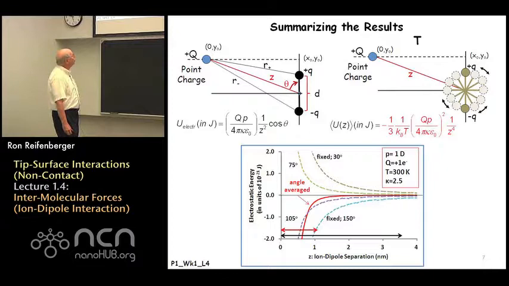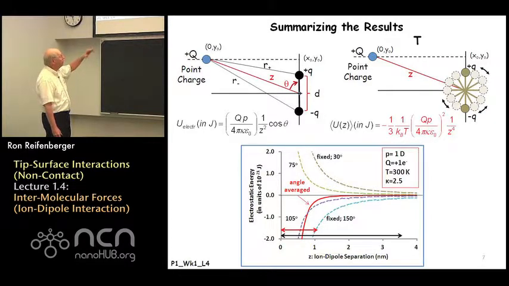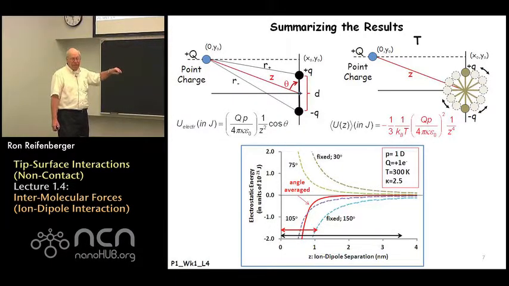And what you can see is that for fixed angles, the interaction potential energy extends over a rather large distance, over 2 to 3 nanometers. The details depend on the actual angle that you choose, but there's a non-zero value for the interaction potential energy when the ion and the dipole are separated by 2 or 3 nanometers.